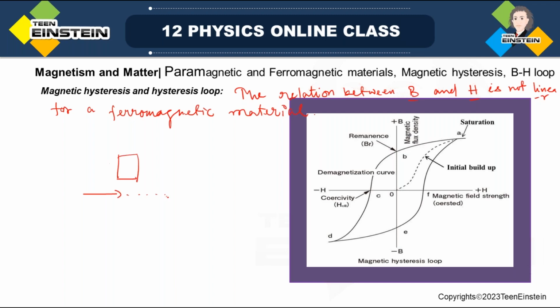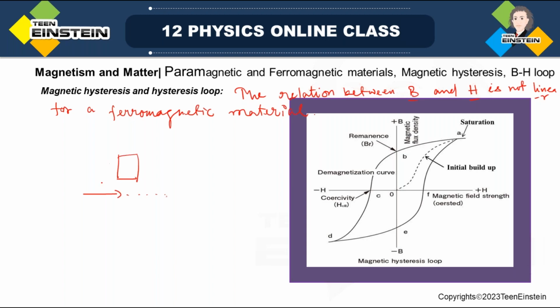First it is increased up to saturation. Saturation means when the magnetic induction or magnetization inside the material is maximum. You go till then, and thereafter you reverse the field to make the field zero.